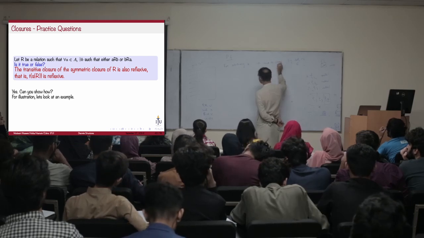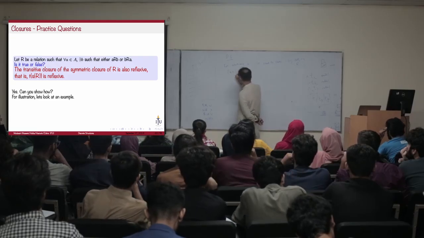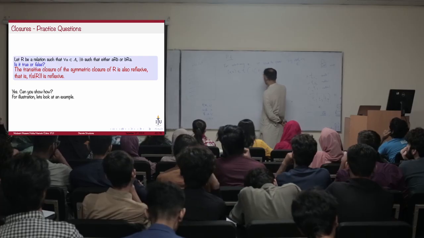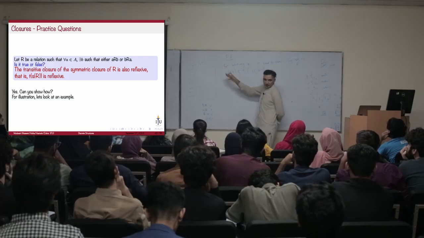What do we need to show? We need to show that (A, A) is in the transitive closure of the symmetric closure of R. This is our final thing that we finally have to show.